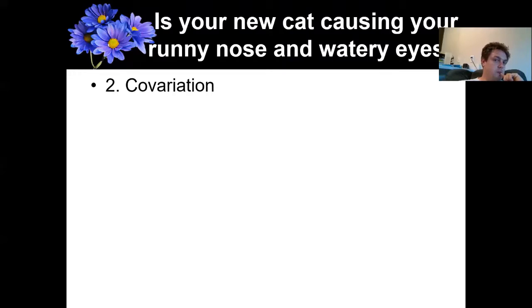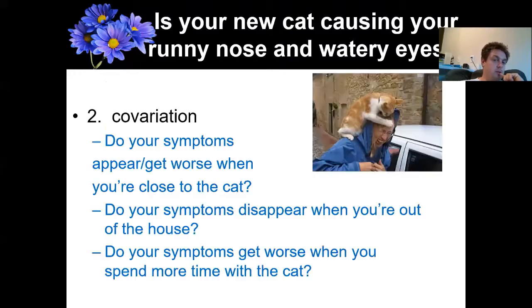Is your new cat causing your runny nose and watery eyes? So is there a correlation? Is there covariation? Do your symptoms appear or get worse when you're close to the cat? Do your symptoms disappear when you're out of the house? Do your symptoms get worse when you spend more time with the cat, really close to you? That would get back to this idea of strength.